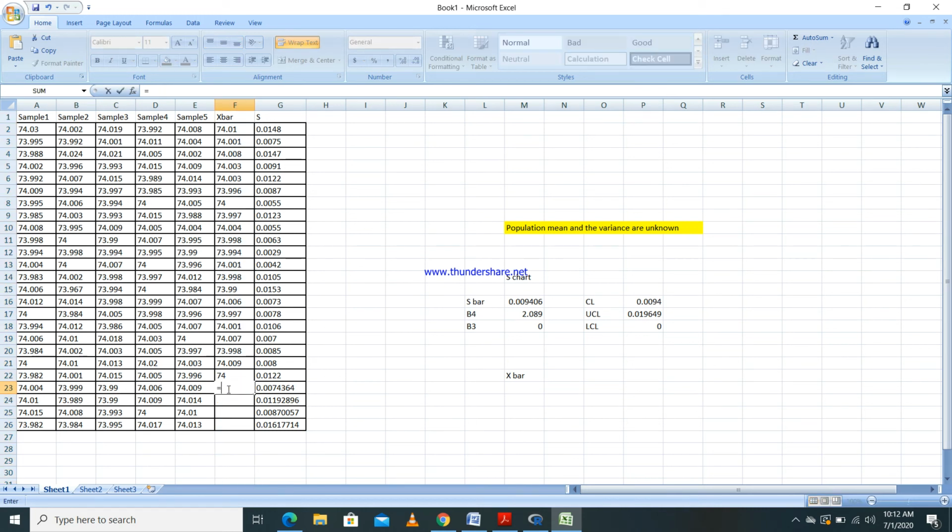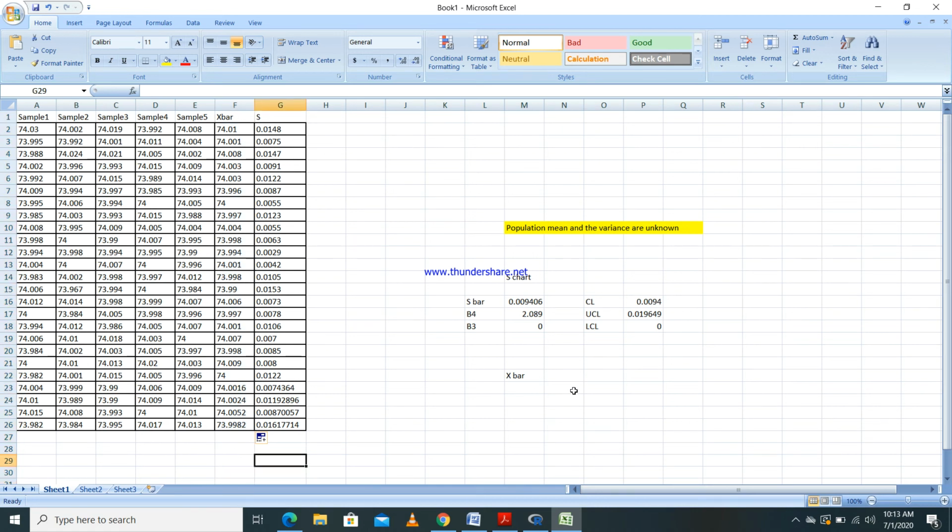You can calculate the average of the sample values: the mean of these 5 values. I'm going to do the same thing for the remaining, so this column gives you the x bar values, the mean value of each sample.